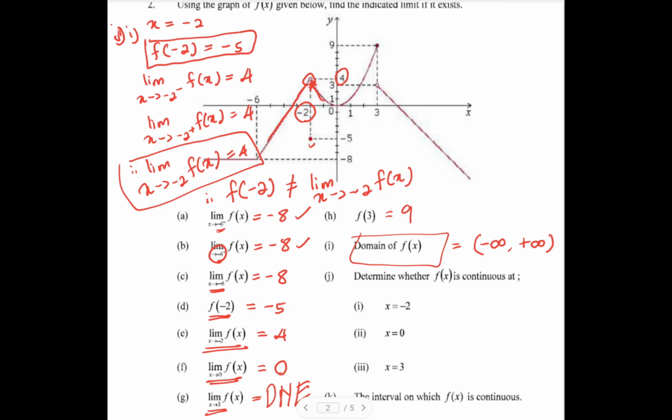Since these are not equal, we can say that the function f(x) is not continuous at x equal to negative 2, since the function is not equal to the limit.